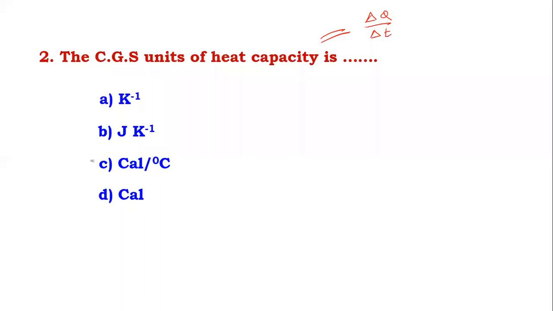And obviously it is calorie per degree Celsius. Calorie divided by degree Celsius. Instead of CGS, if it is SI, the SI unit is joule per Kelvin. So B is the right option if it is the SI unit.